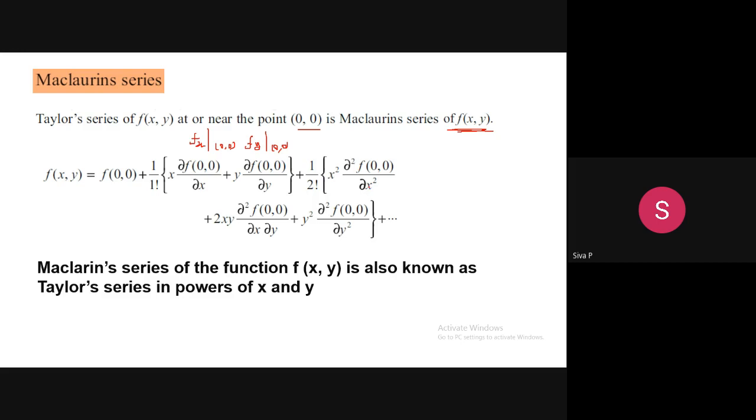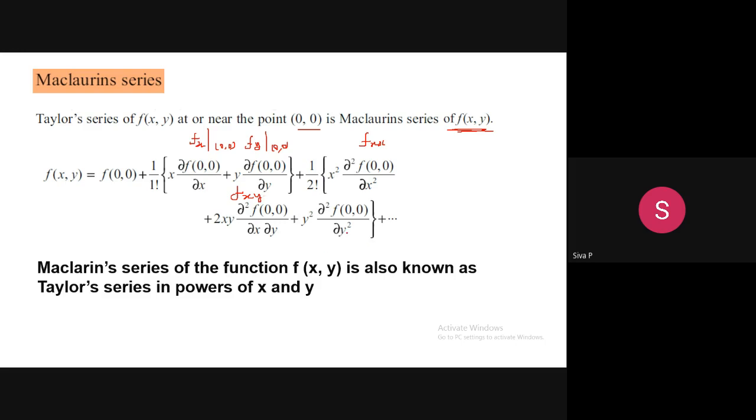Similarly, dou square f by dou x square is f x x. Dou square f by dou x dou y is f x y.